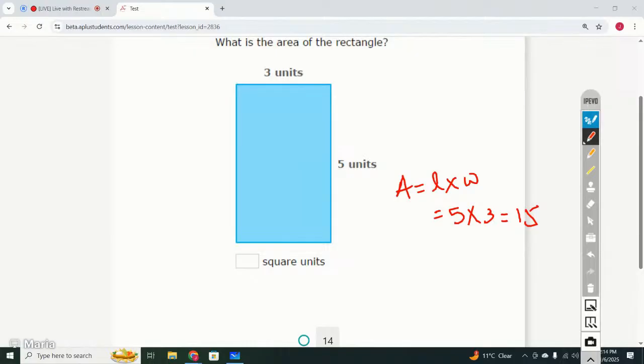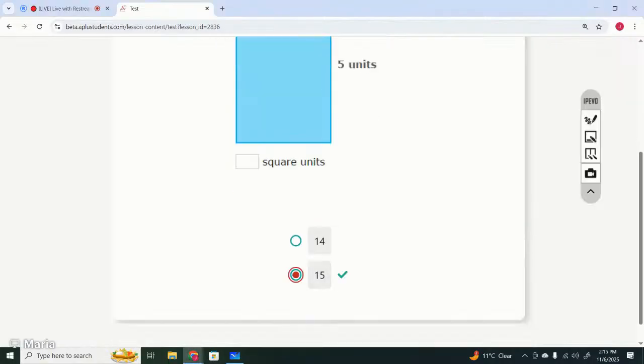So 5 times 3 makes 15 it is. The correct option is 15.